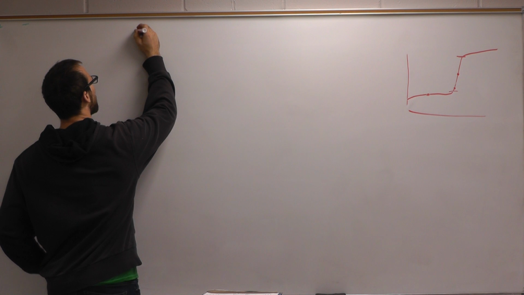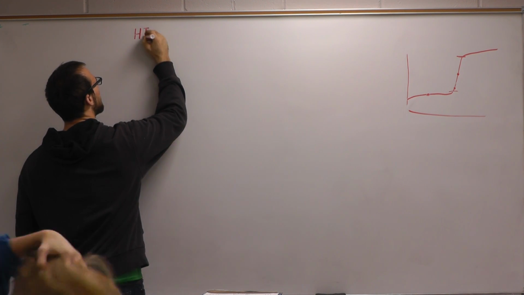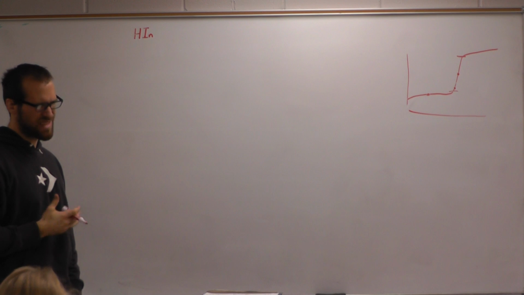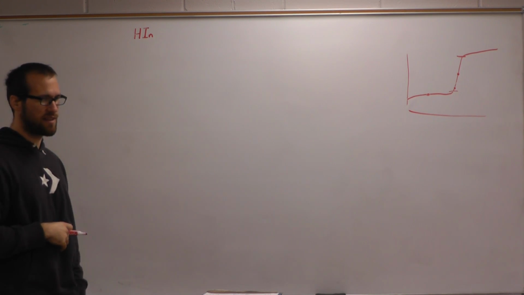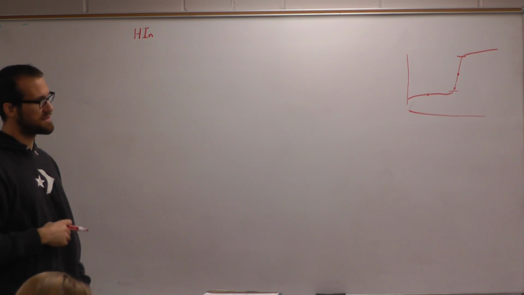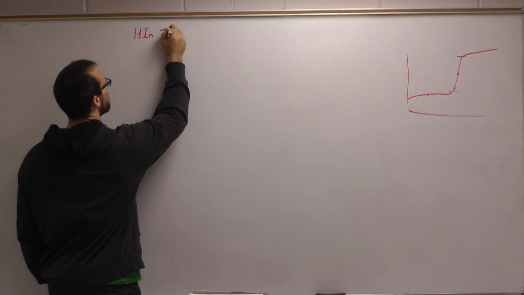So I'm going to generically write an indicator in acid form like this. Does that make sense why I would use that to abbreviate the acidic form of an indicator? IN refers to indicator, H means it has an acid, or has a proton connected to it. Alright?